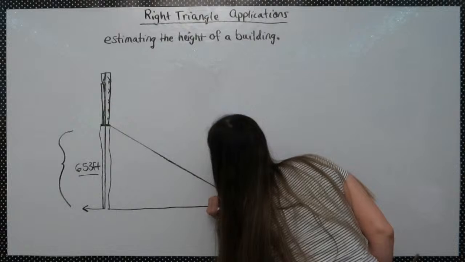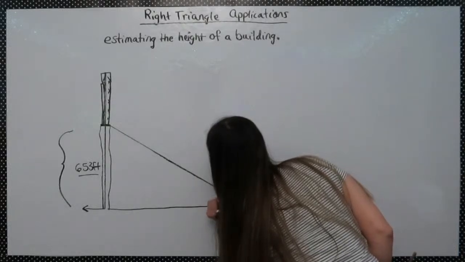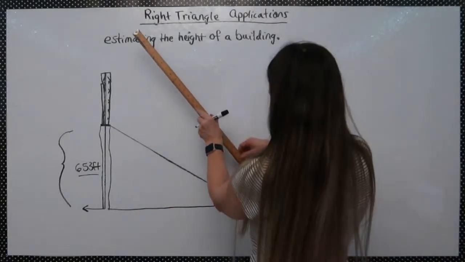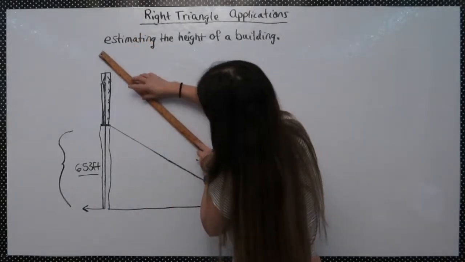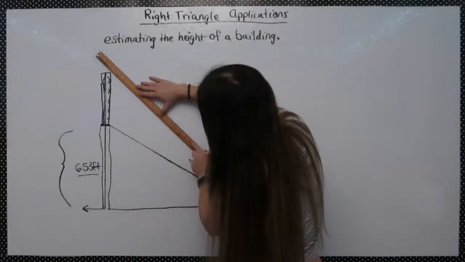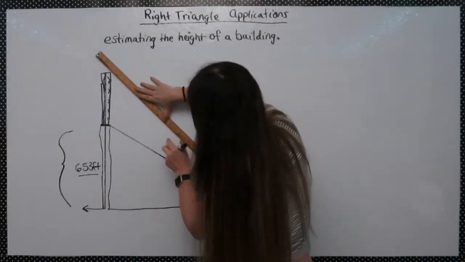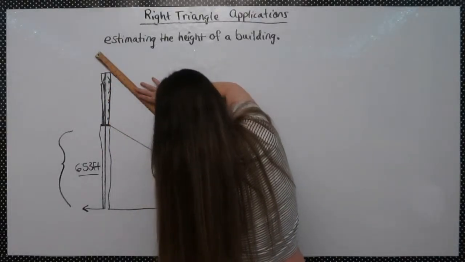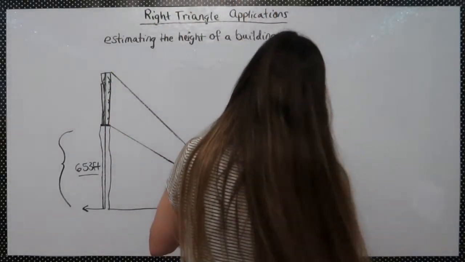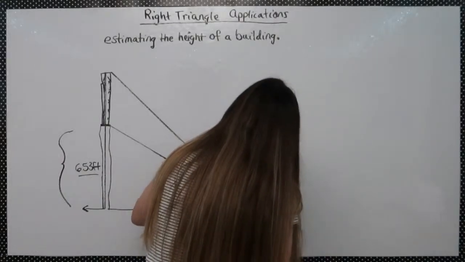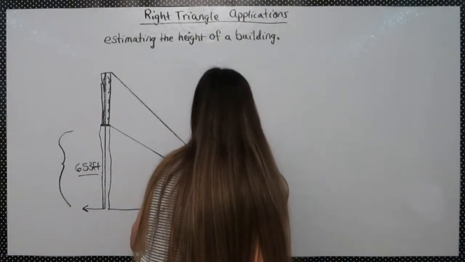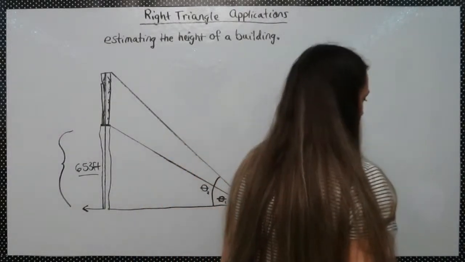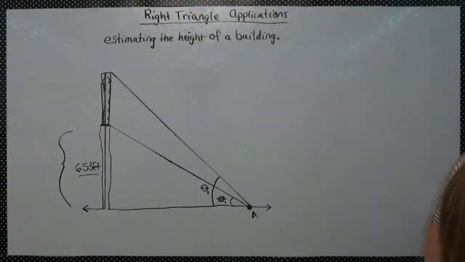So we have this angle, theta, and then it says to the top of the tower from this point, so we also have this angle. We'll call this theta sub 1 and theta sub 2.